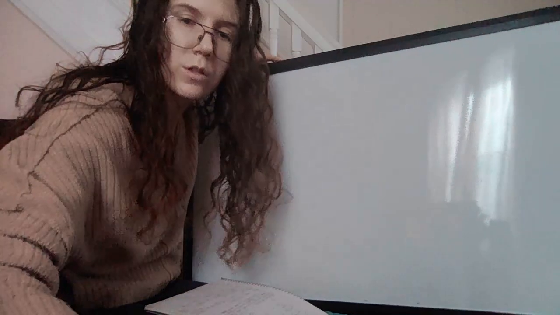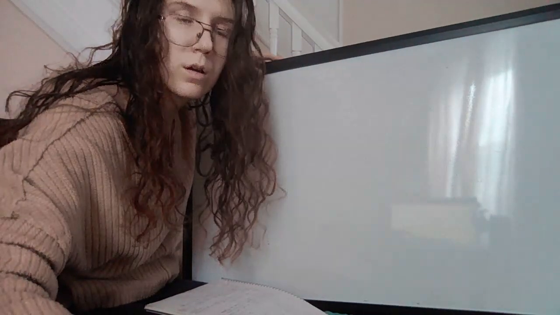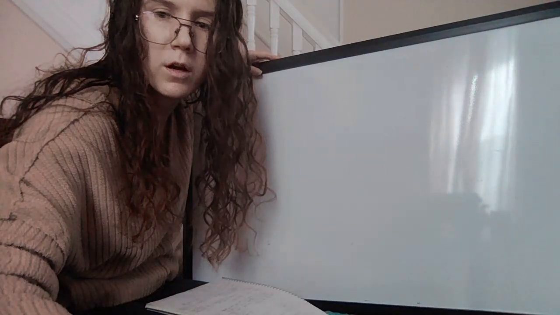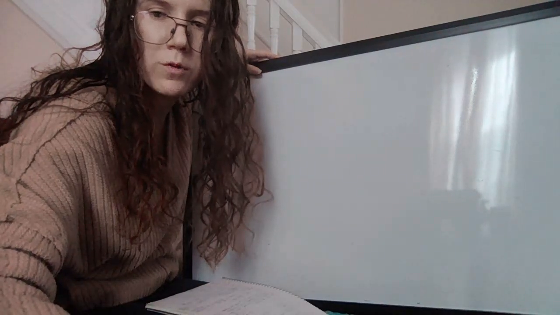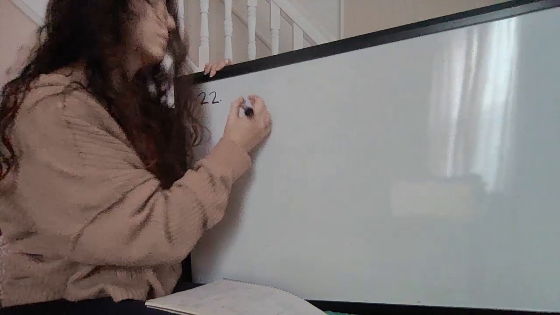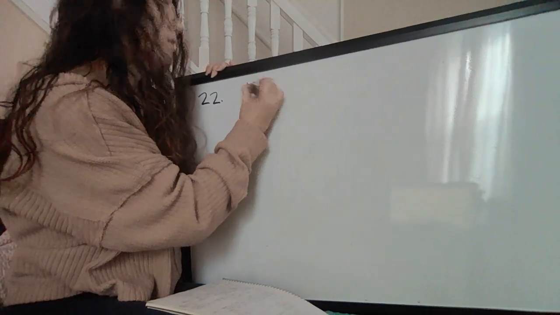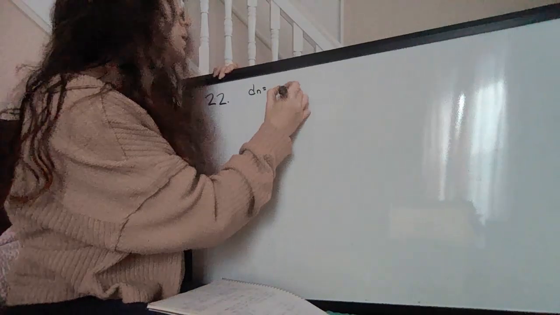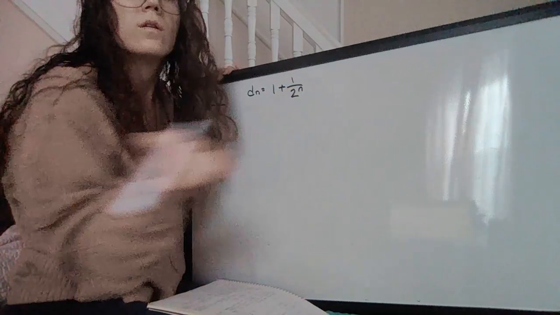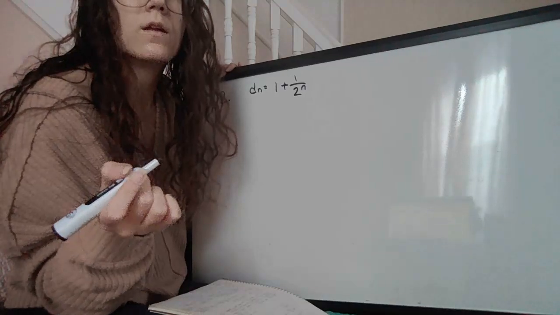Oh, okay, so you asked also for number, I just did 19 and 24, so I got to do number 22. d sub n equals 1 plus 1 over 2 to the n.